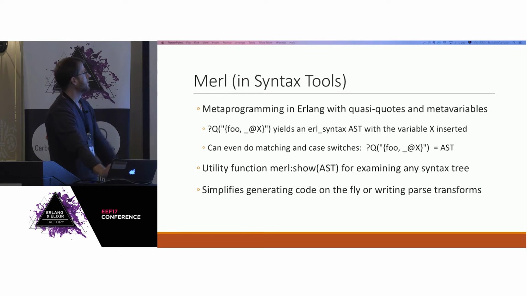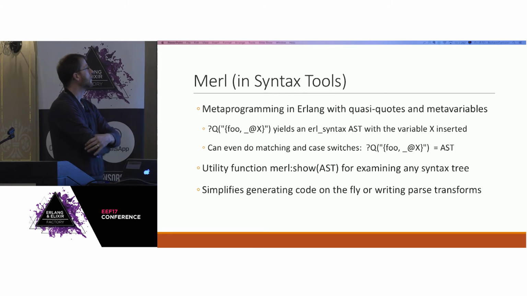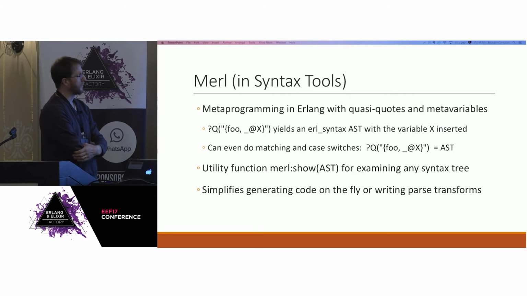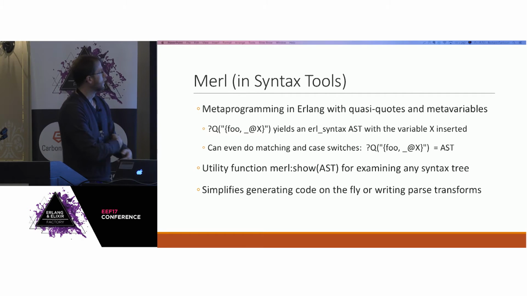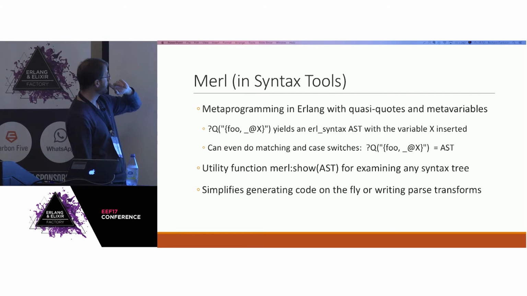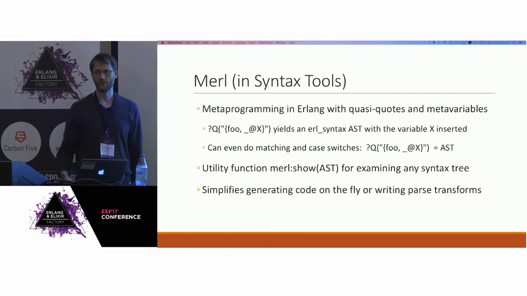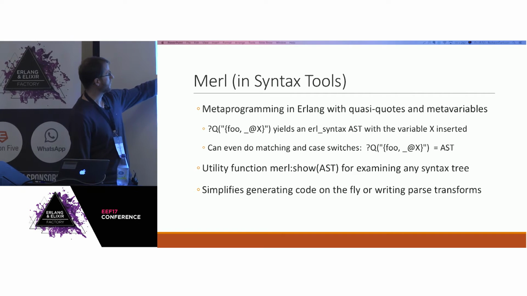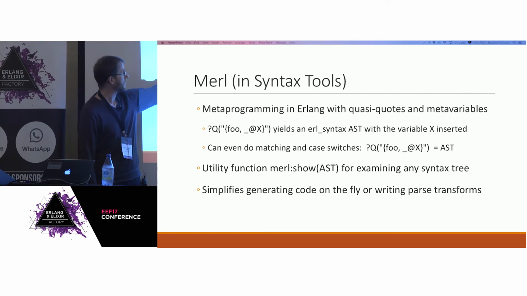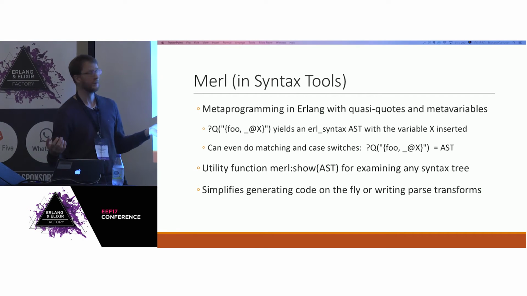Another part of that, a more recent addition, is something called Merl, which is a meta-programming extension that gives you quasi-quotes and meta-variables. Once you include the merl header file, which in its turn defines a couple of macros and runs a parse transform, then you can write things like ?Q of a string that represents any Erlang expression.